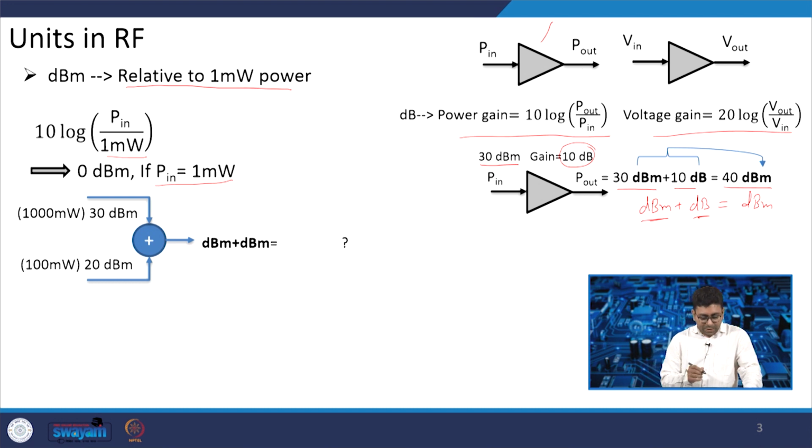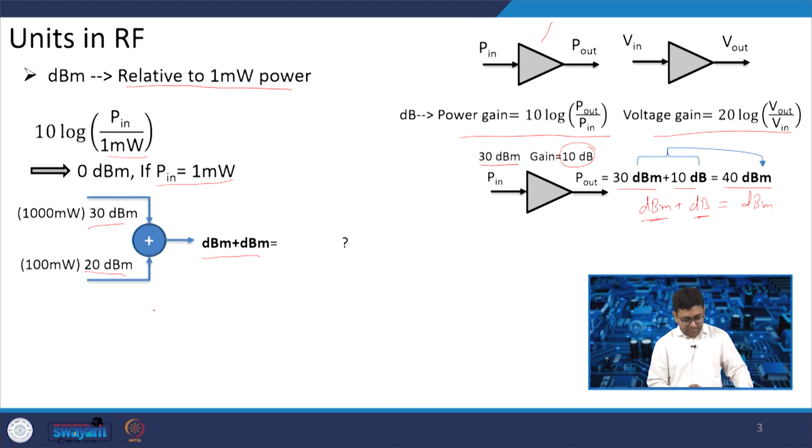Now there is another example. If you have 2 amplifiers and you want to add the power, let us say there is 30 dBm power and then 20 dBm power that you want to add. I just want to throw the question: what is dBm plus dBm equal to?